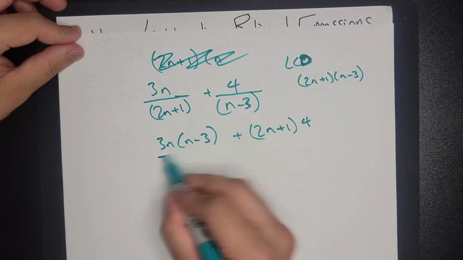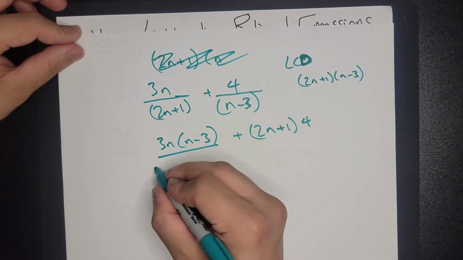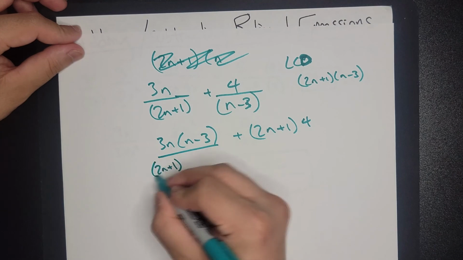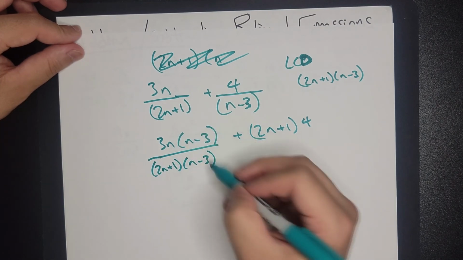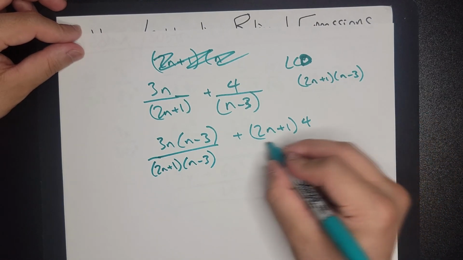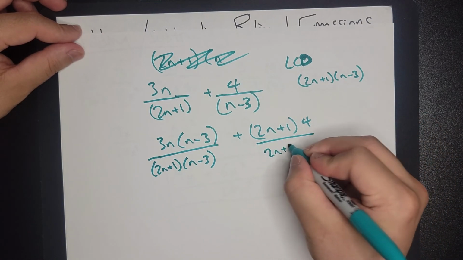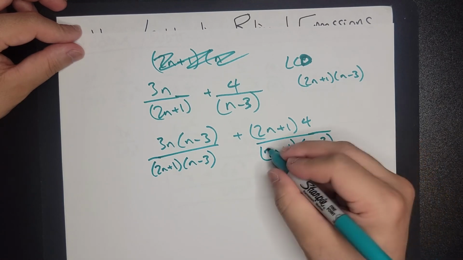We multiply this side by that, or cross multiplication. It's like we're multiplying by 1. And then this side we're going to multiply by 2n plus 1. And we already had n minus 3 there.